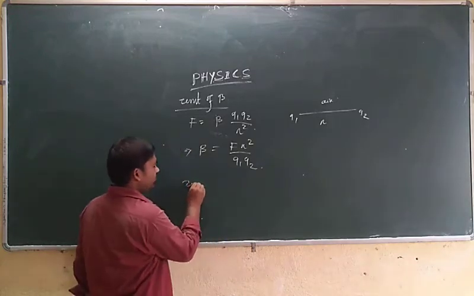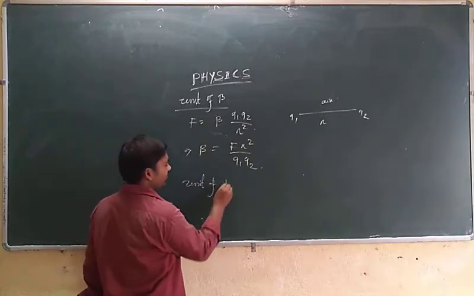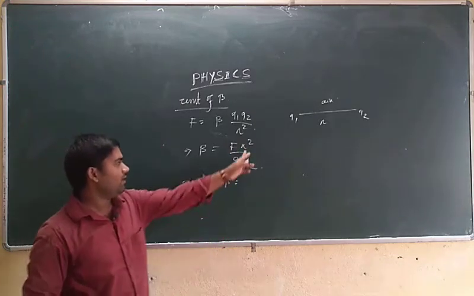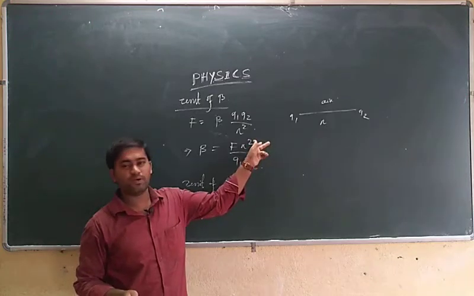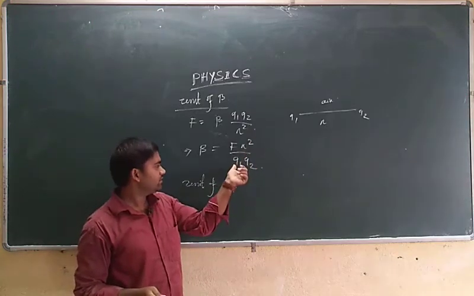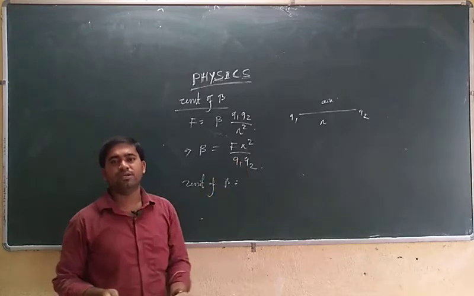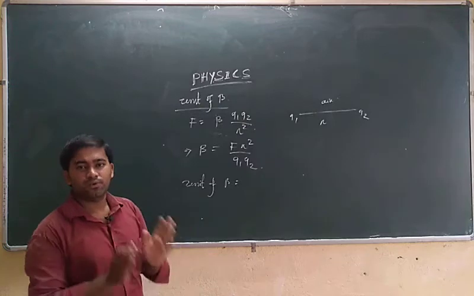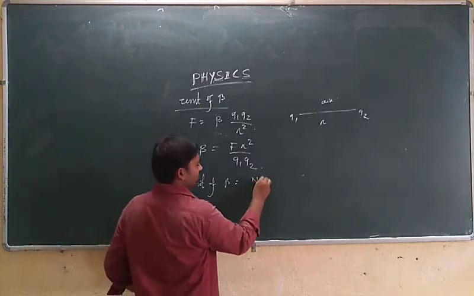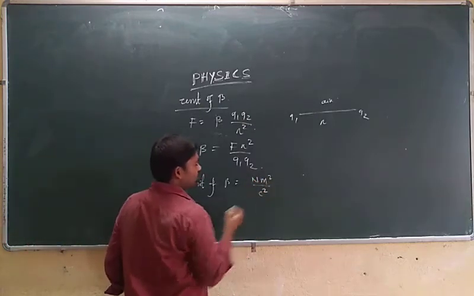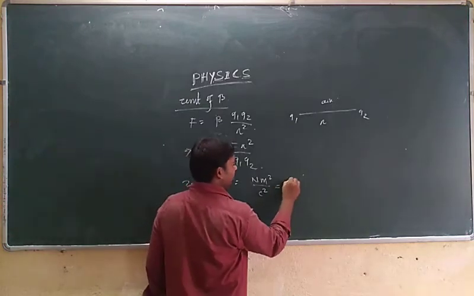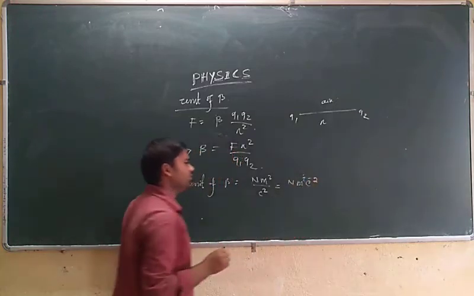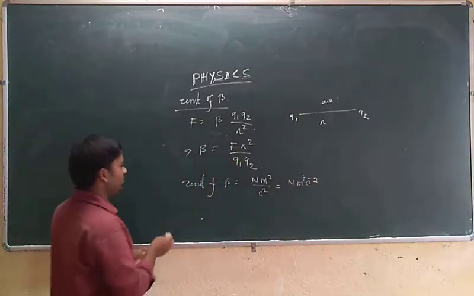The unit of beta equals F, that will be Newton, r squared, that will be meter square, and q, the unit of charge is Coulomb, and since there are two charges, there will be Coulomb square. So Newton meter square by Coulomb square, that will be Newton meter square Coulomb to the power minus 2. Understand? And that will be the SI unit.